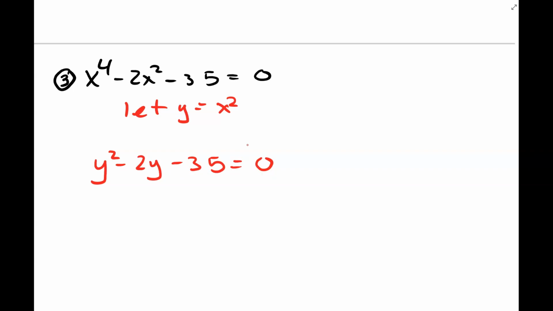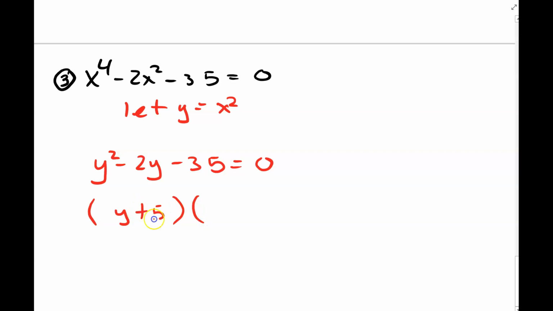So x squared squared becomes y squared, and then the 2x squared becomes 2y, right? Okay, so since the leading coefficient on this quadratic is 1, I can do the short factoring. All I need to do is find the two numbers that multiply to give me negative 35 and add to give me negative 2. 5 and negative 7.